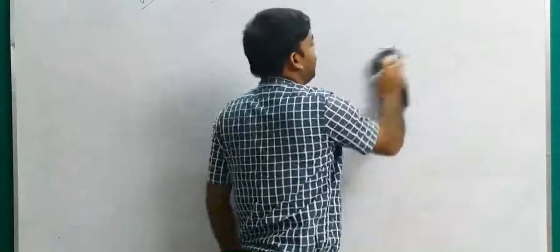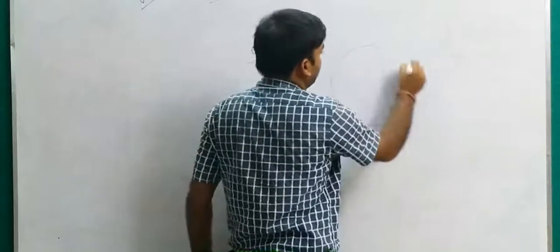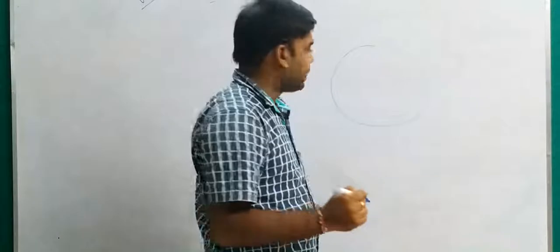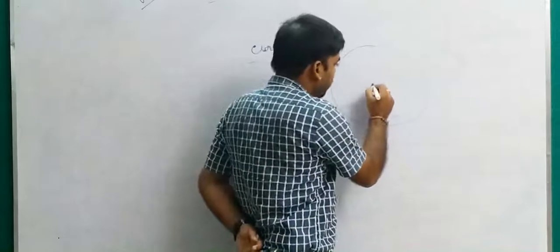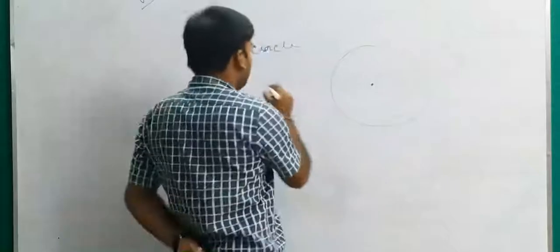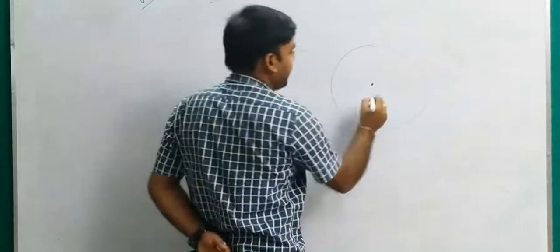Now we will learn the parts of a circle. The circle is a round shape figure, and the fixed point from where the distance to every point on it is the same is called the center.